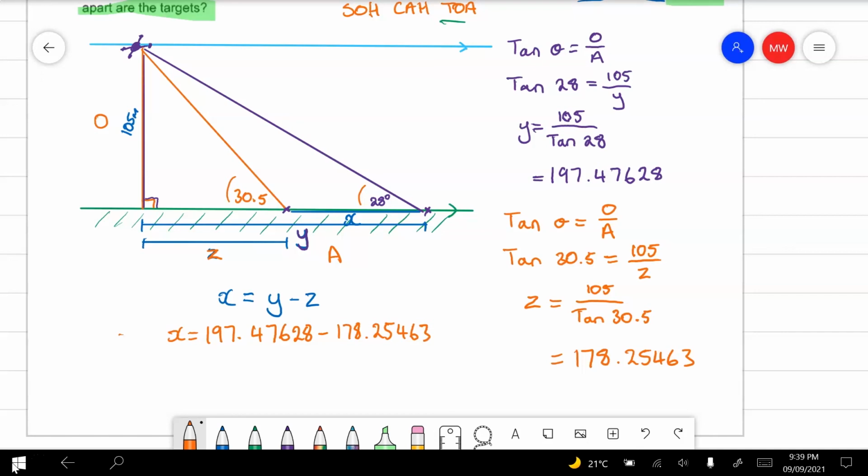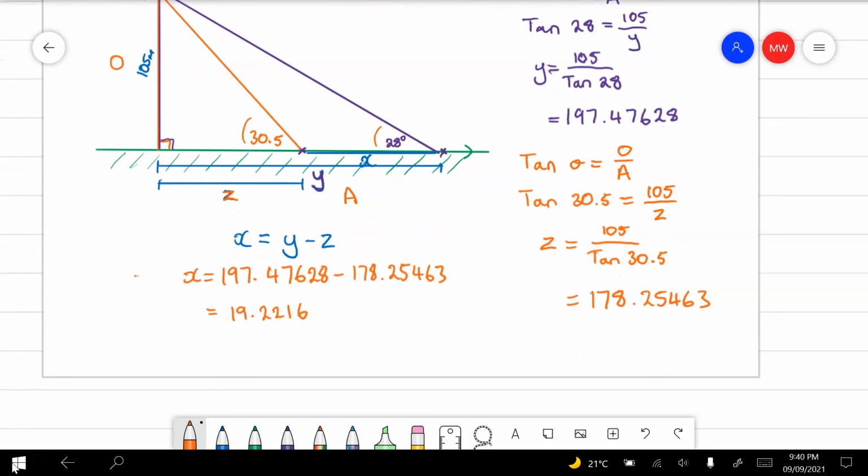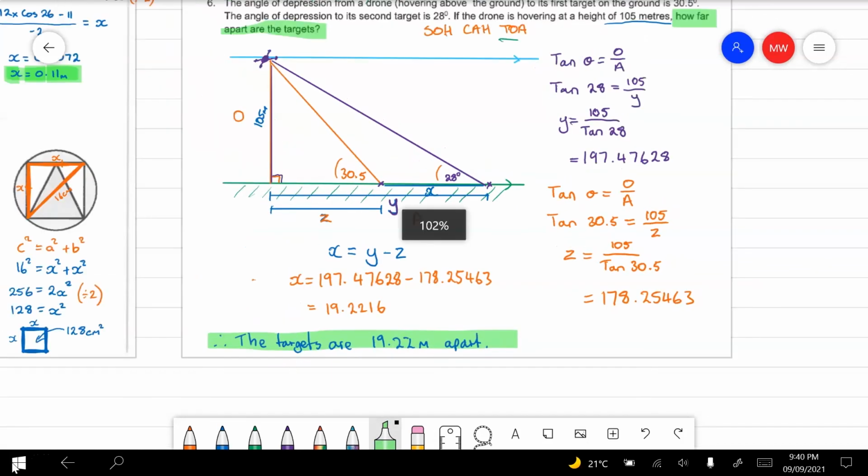We'll pop that into our calculator again, and we'll find that that distance is 19.2216. So, therefore, the targets are 19.22 meters apart. Worded answer for a worded question, and that one is finished.